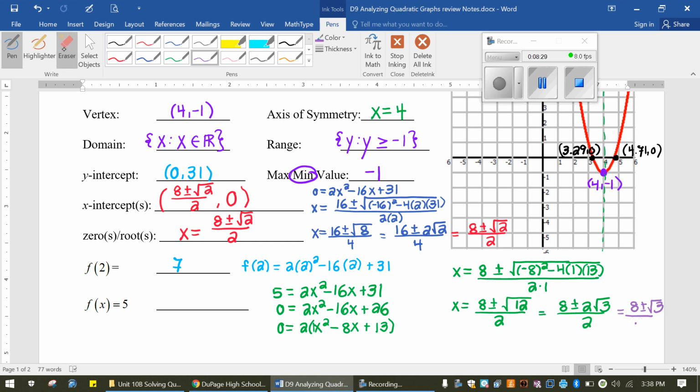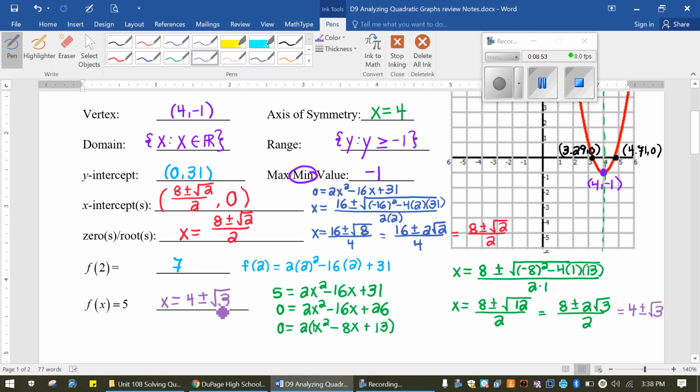Oops, hold on, sorry. I need to reduce all of them by 2. So divide by 2, you get 4 plus or minus, and then those 2's cancel, and that's a square root. Sorry about that. So the answer is x would be 4 plus or minus square root of 3.